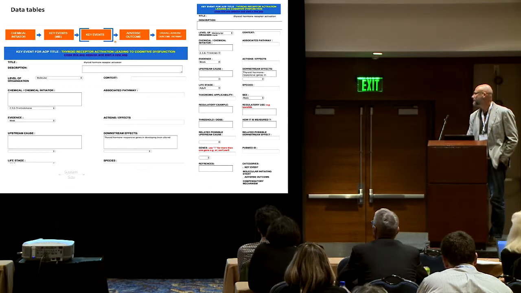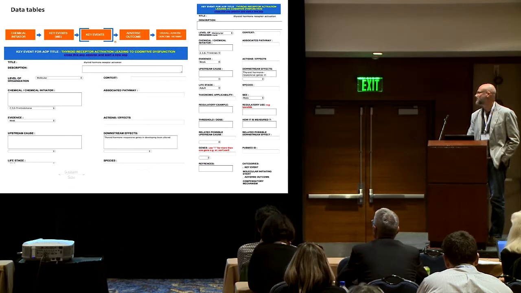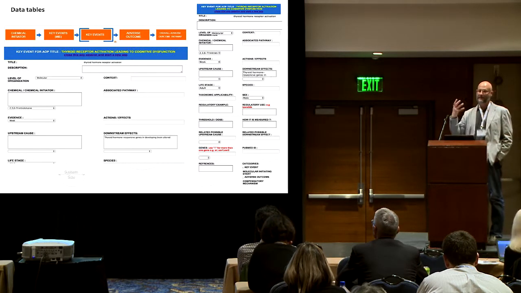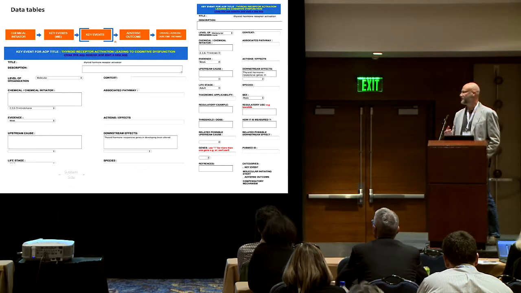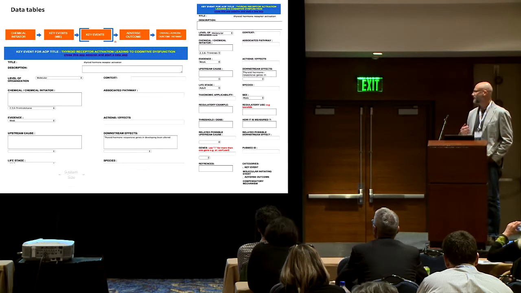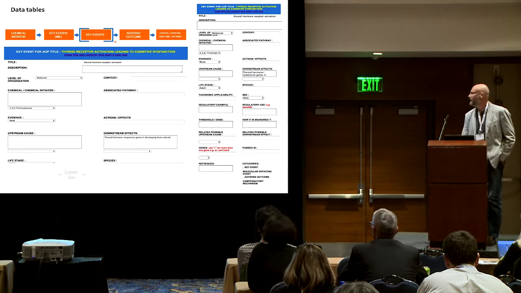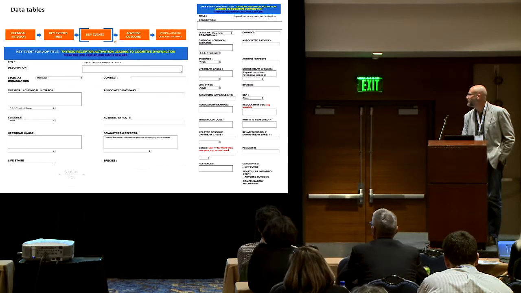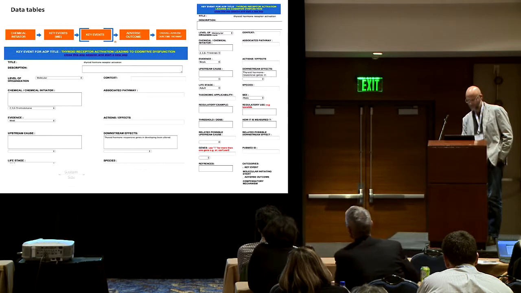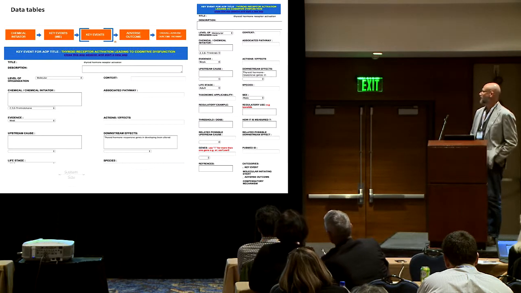We have to change a few items on it, but essentially it works on the same idea with upstream causes and downstream effects that link different key events, molecular initiating events, and outcomes. We also have, as the wiki has, the chemical initiators that are potential ones.